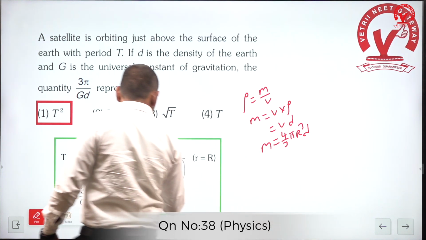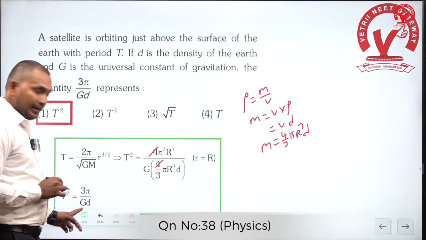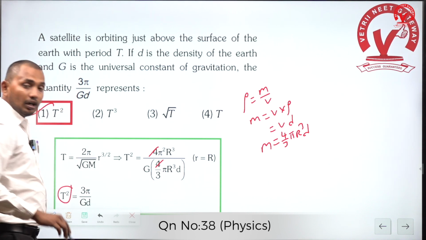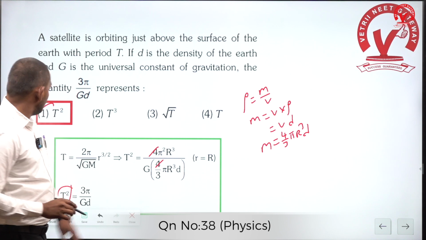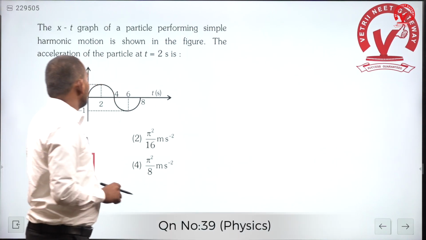Then here the 4 gets cancelled, we will get 3 pi by Gd, that is T square. So our option is 1, the first option is the correct one. Then we go for the next one.